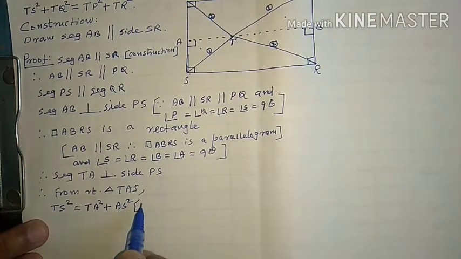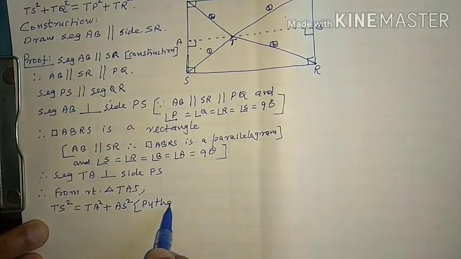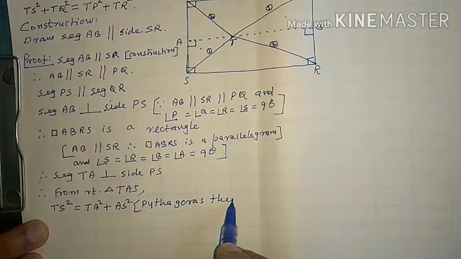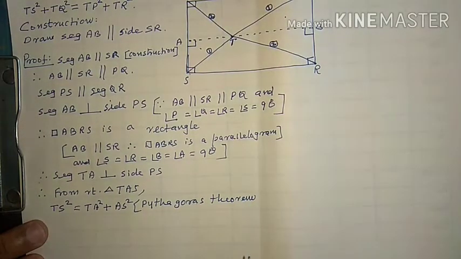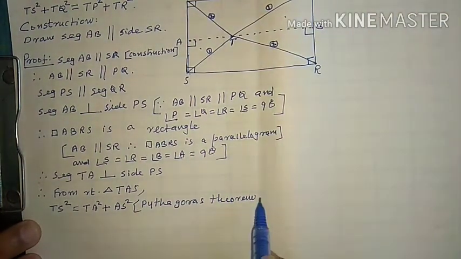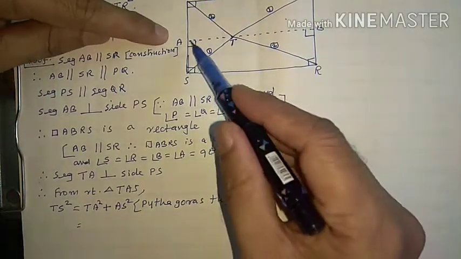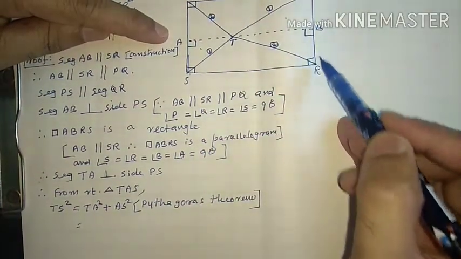What is the reason? Pythagoras theorem. Now see, AS is also BR.